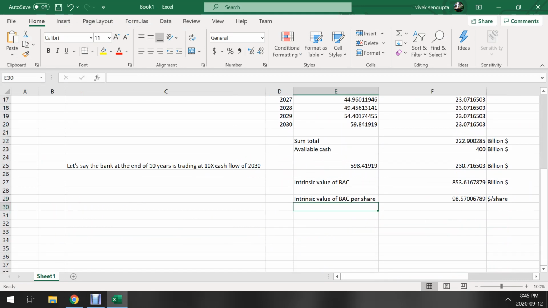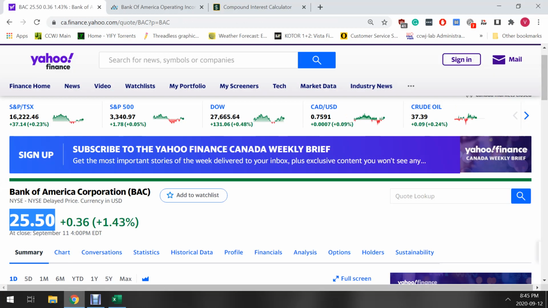And what happens in markets is that over time, the share price meets the intrinsic value of a company, right? So if Bank of America's intrinsic value is $100, taking all the cash into account, eventually, like 2 to 4 to 5 years from now, the bank will be trading at $100 per share.